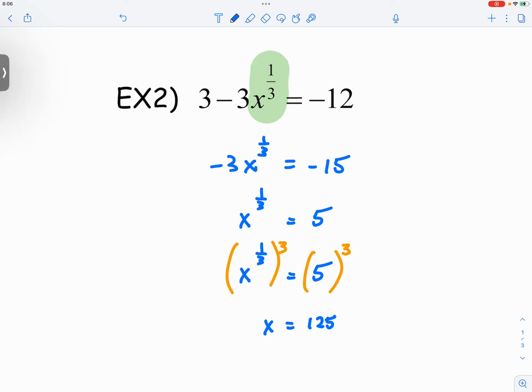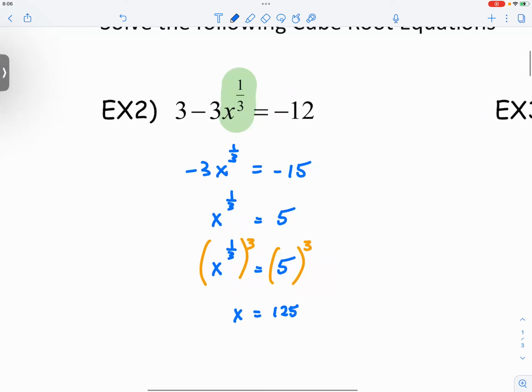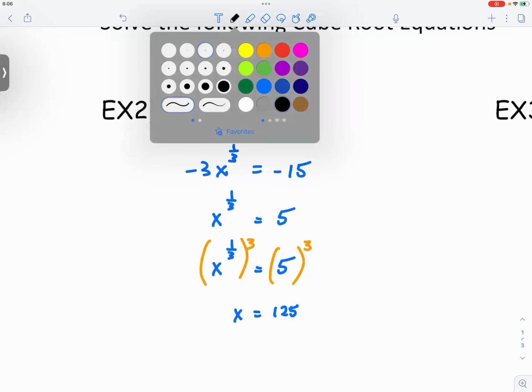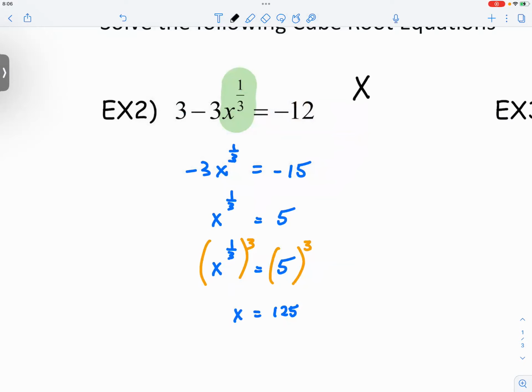Let's see one more example, which is the one to the right. Example number 3. If you're still a little bit confused, let me remind you of one thing. I think I said this last lesson.